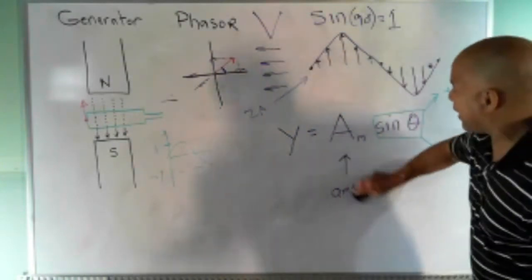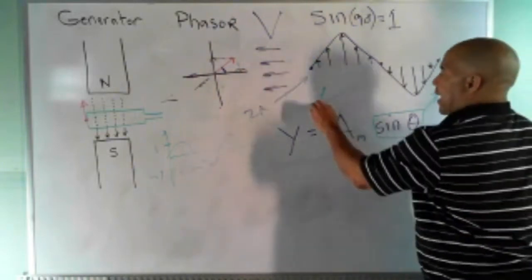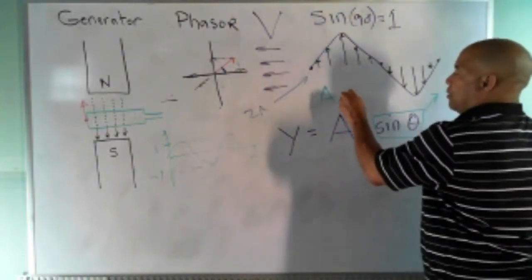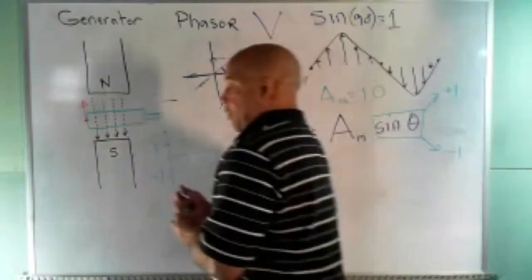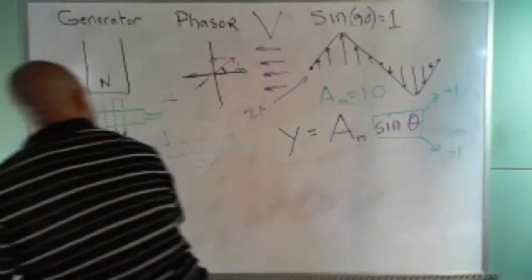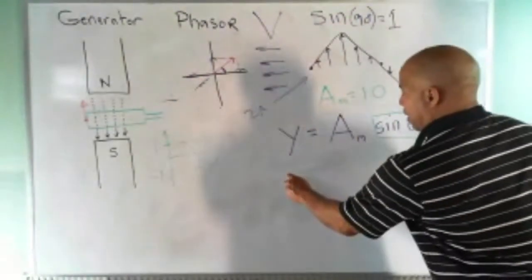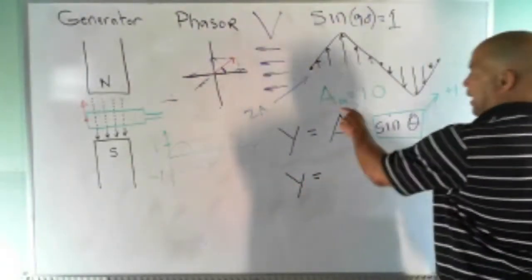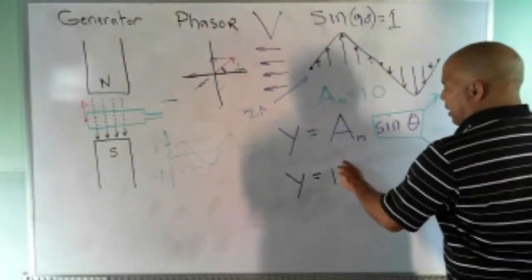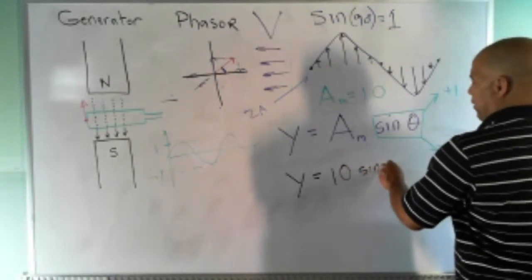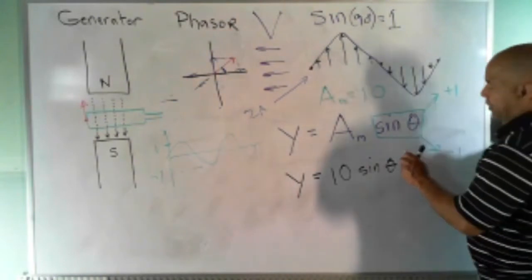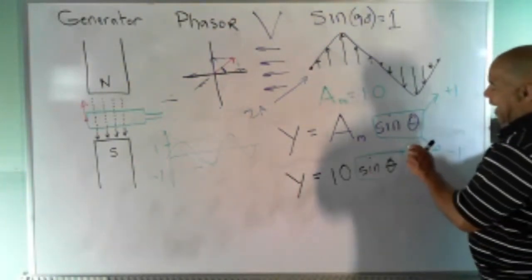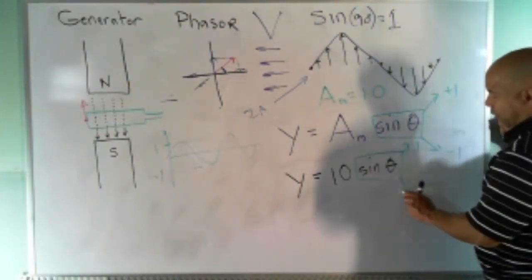For example, I can say, all right, I'm going to let A max, the amplitude, equal 10. If I let that equal 10, then I can rewrite the equation like this: y equals 10 sine theta. Now this part of the expression, the highest it can get is 1, the lowest it can get is -1.